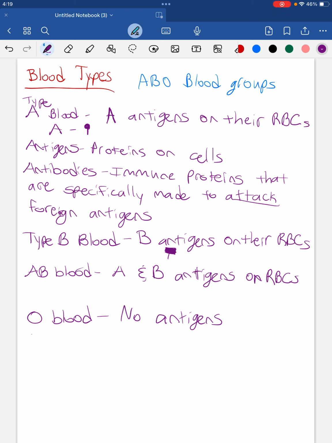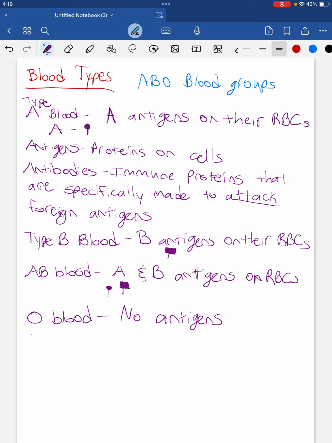Someone who has A and B has both circle and square. Oops, my circle went away. Okay, circle and square. This is not cooperating with me. Sorry, guys. And then O has nothing.